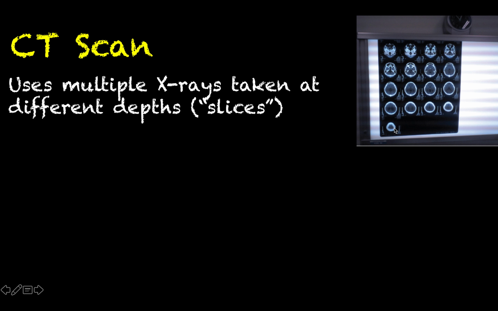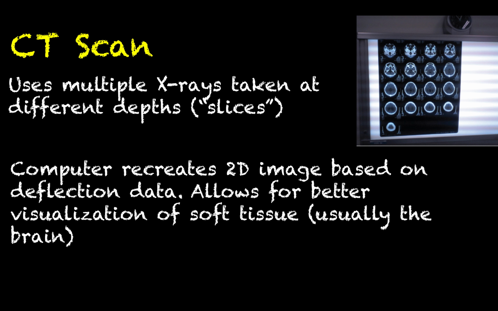If you look at this picture from your textbook, this CT scan was performed on someone's brain, and the X-ray radiation was exposed to different areas of the brain, and each little snapshot of different parts of the brain can then be put together to form something that kind of looks like a three-dimensional image. So this can allow for better visualization of soft tissue because you're using multiple different pieces of information and then assembling them all together like a puzzle piece.